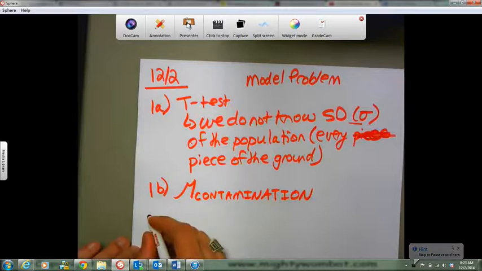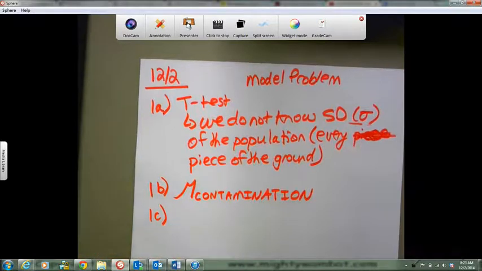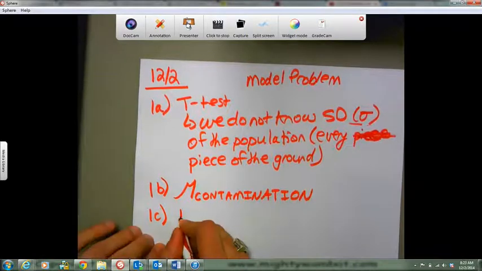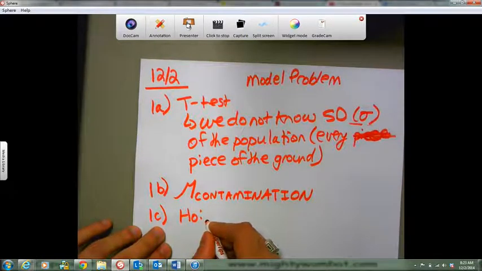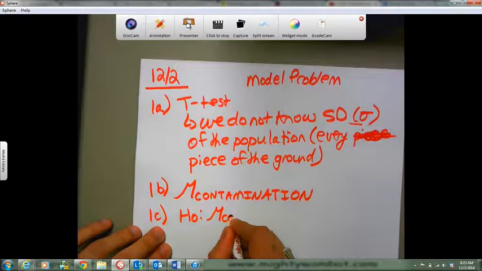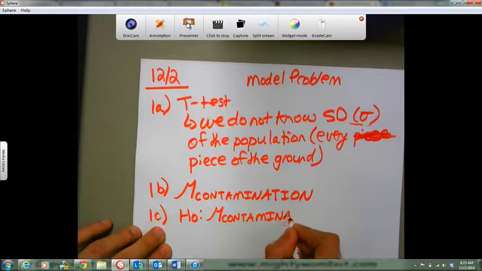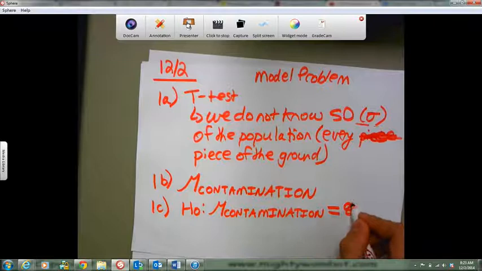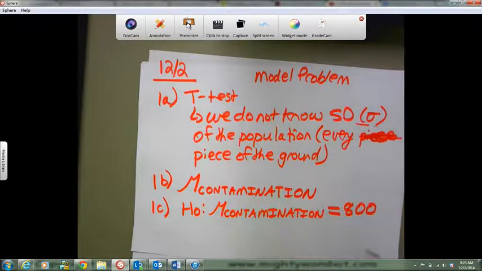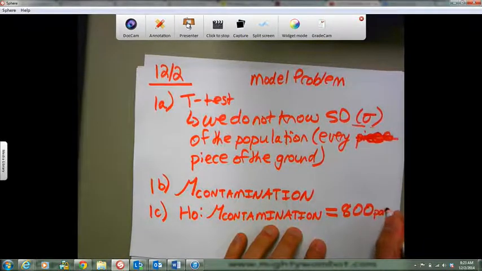And 1C, create the correct set of hypotheses. So the null hypothesis is that the mean contamination is equal to 800. In other words, 800, we should write parts per million. In other words, we assume that things are good.